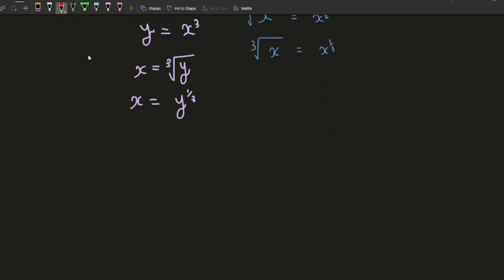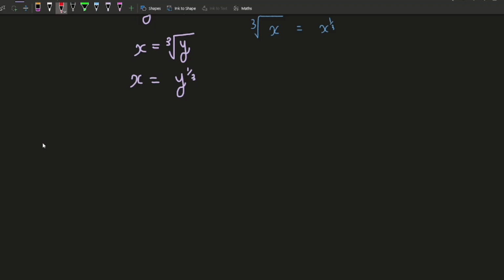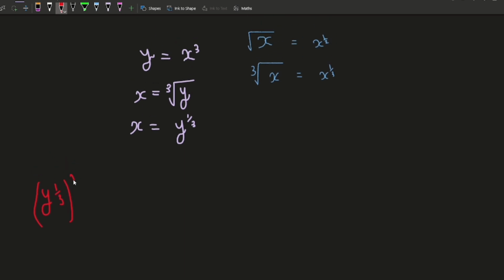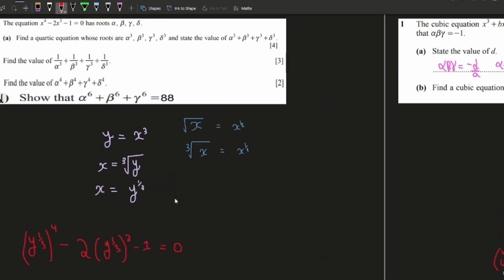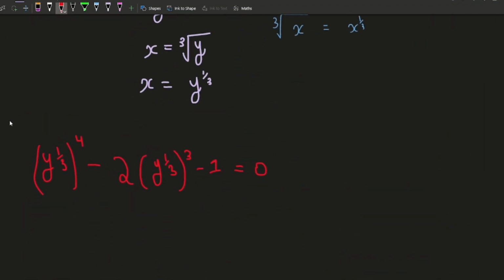So x to the power 4 becomes y to the power 4 over 3, in place of x to the power 4, minus 2 y to the power 1 over 3, all to the power of 3 here, and minus 1. All of this equals 0.